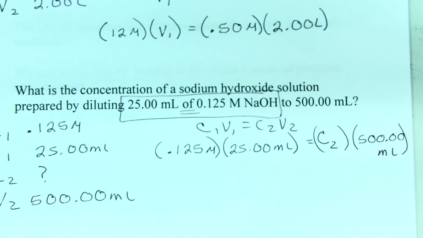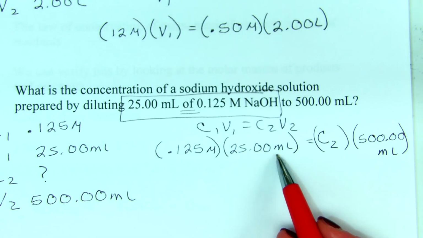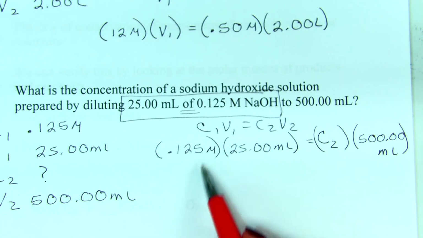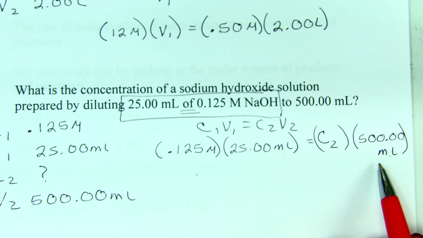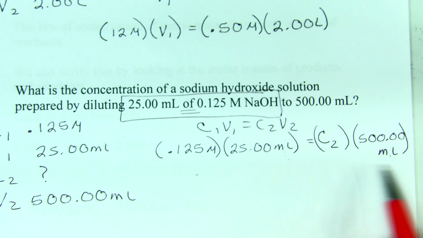Now, sometimes students will ask me, because we're multiplying molarity times milliliters, do I have to write this as moles per 1,000 mils? And the answer is no, because these milliliters will cancel each other. Okay? I'm canceling the volumes, and I then cancel out the concentrations.